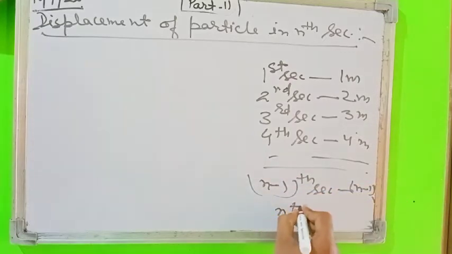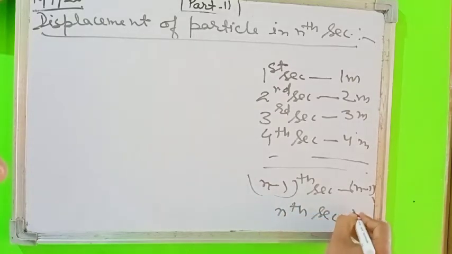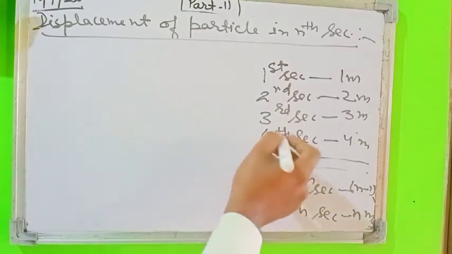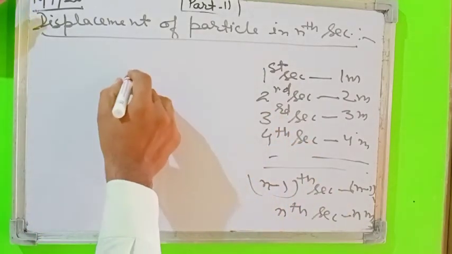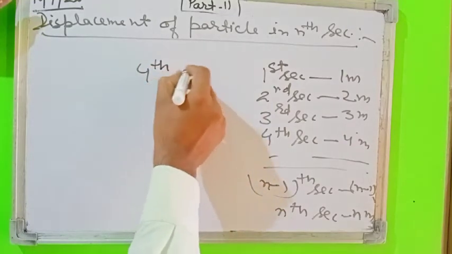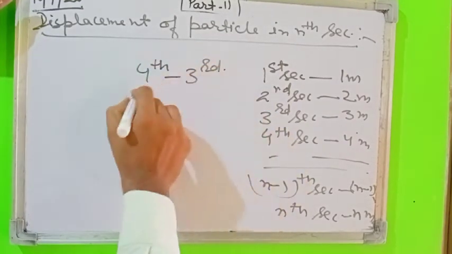And the nth second, n meter. So if it is said to you to find the displacement of the particle in the fourth second, what you have to do? Displacement in the fourth second minus displacement in the third second.